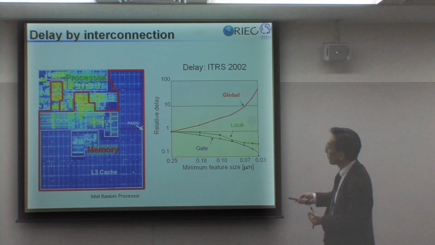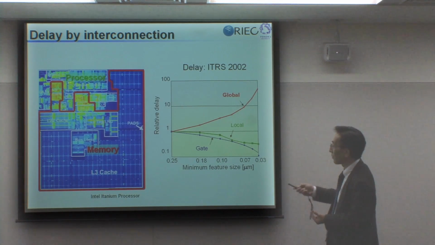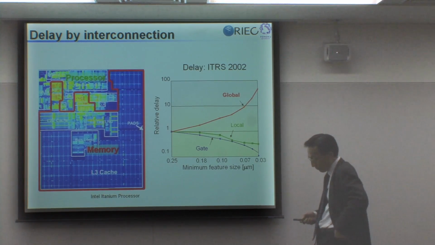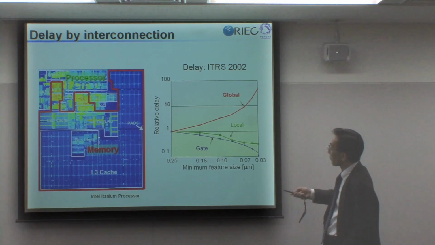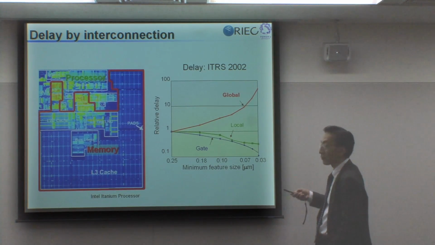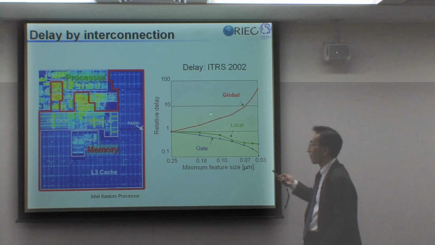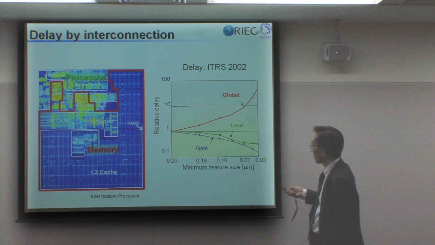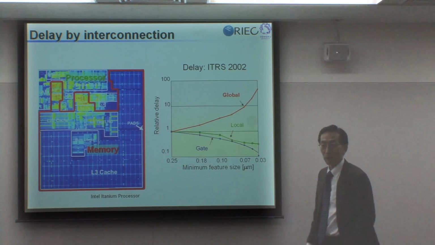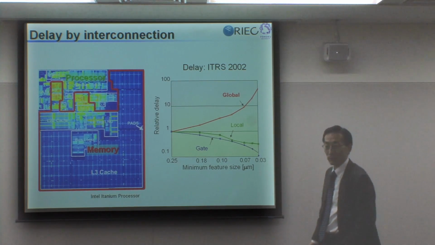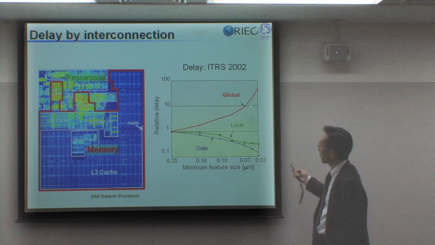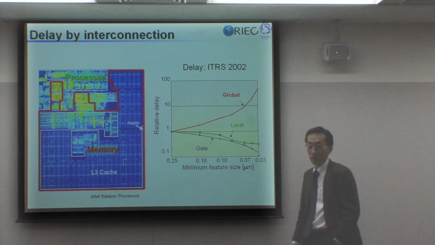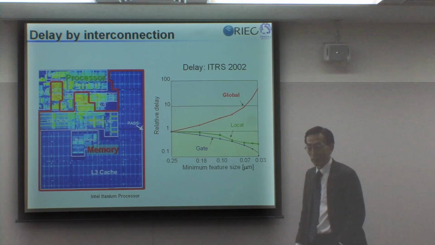But because you put more and more transistors into this processor, the global delay, if you don't do anything, actually goes up. So even though your transistor is good and fast, your system becomes slower. So that's a delay by interconnection. And also you have to pay power to charge and discharge interconnection, which is another source of power consumption.